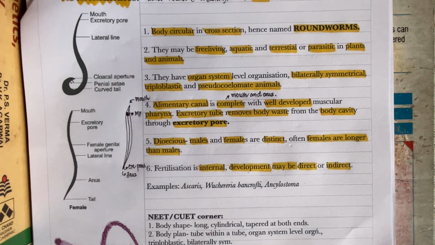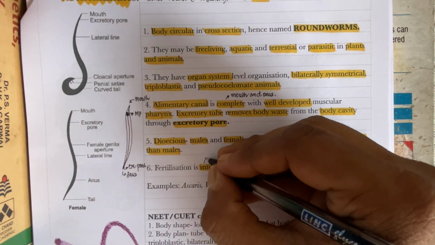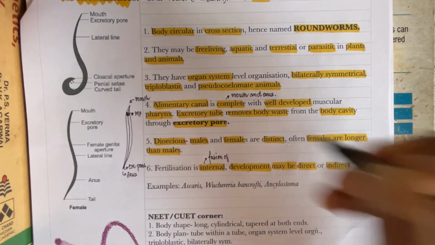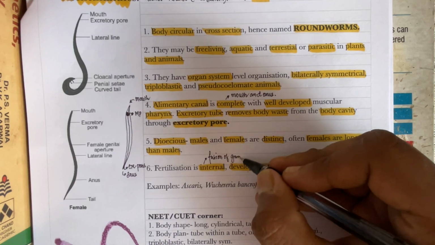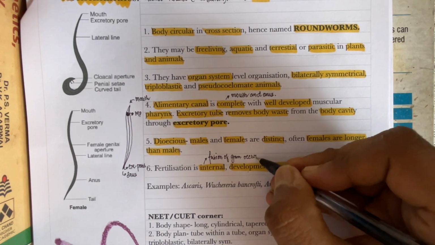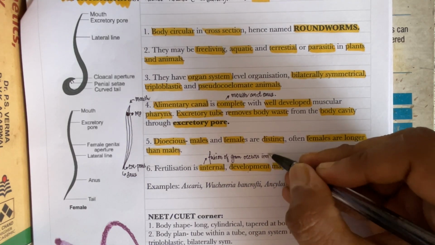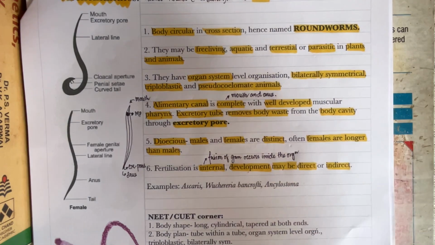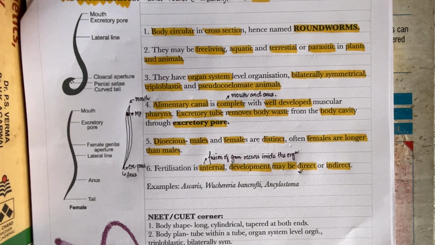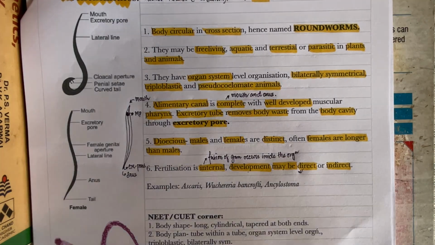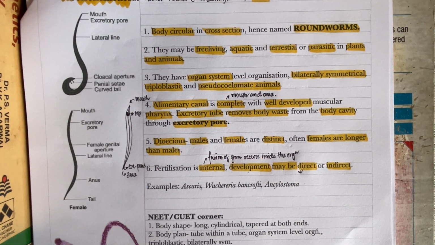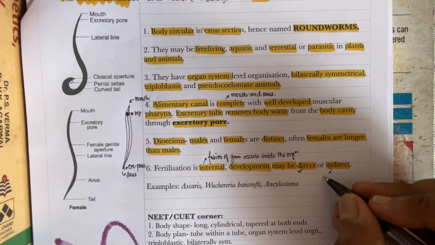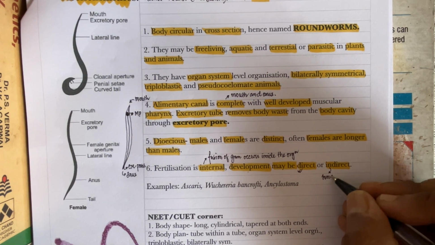Their fertilization is internal. Development may be direct or indirect. Their fertilization is internal, that means the fusion of gametes occurs inside the organism, and their development can be either direct, that means it can directly produce a new organism or offspring that looks exactly the same as the parent, or maybe indirect, that means it has some larval stages.